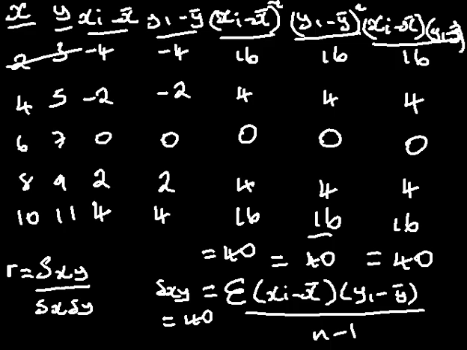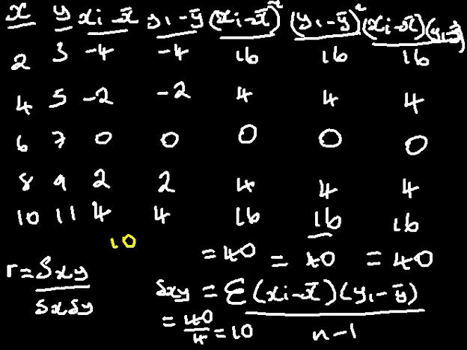So we have 4 here. So 40 divided by 4 is given as 10. So the covariance is given as 10. And how about sx and sy for that case? By the way, we're saying covariance is given as 10.